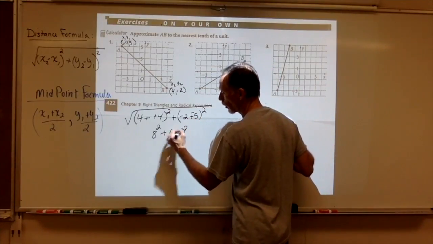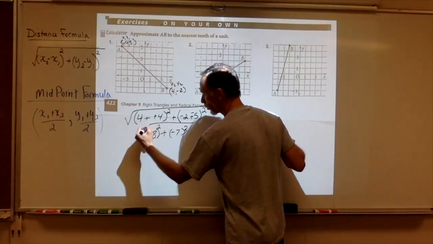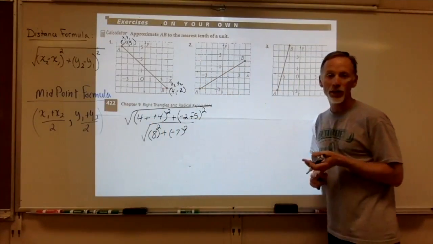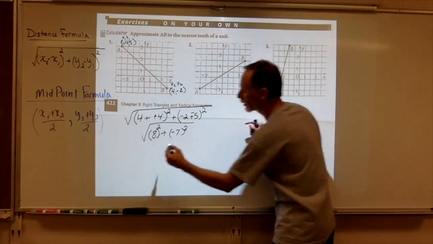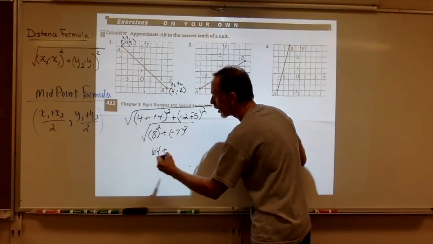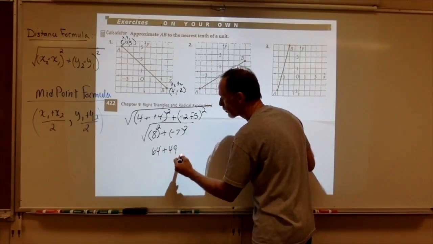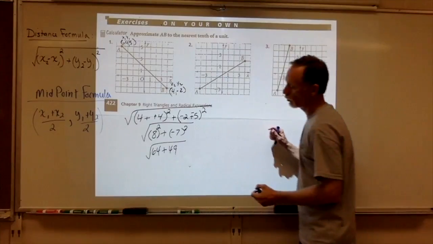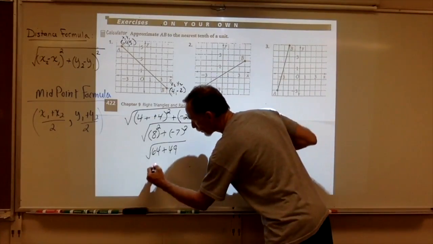And that's also squared. They're still under the square root. So when I do this, 8 squared is 64, plus 7 squared is 49. That's still under the square root symbol, or the radical.